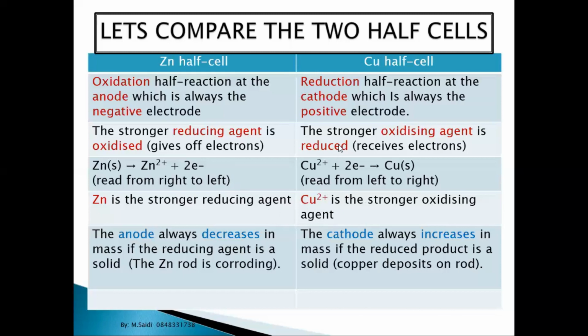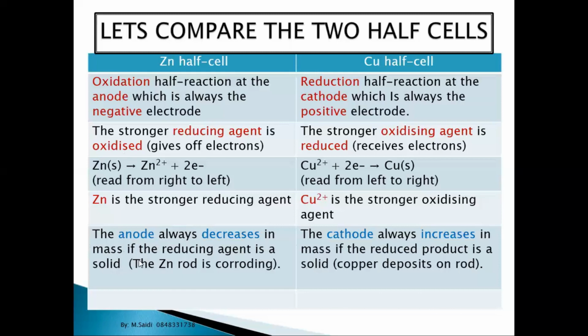But itself is reduced. And then zinc is a strong reducing agent. Yeah, it is an agent for reducing. So it causes copper to be reduced. But itself is oxidized.